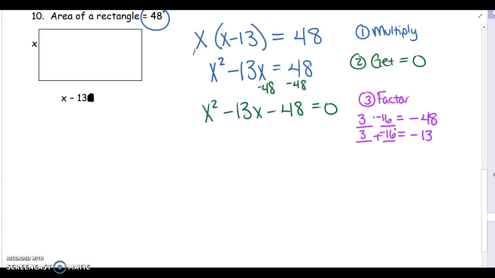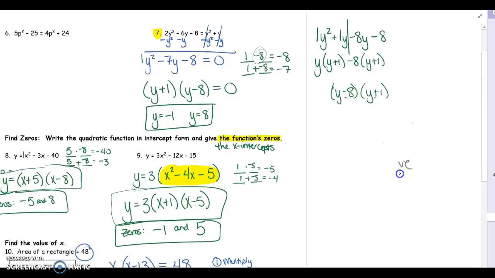Because our a value is 1, we can simply throw 3 and negative 16 into the parentheses. X plus 3, x minus 16 equals 0. There's our factored form. Your next step is to solve.